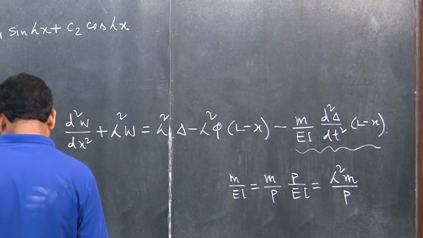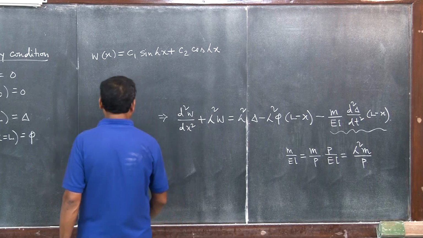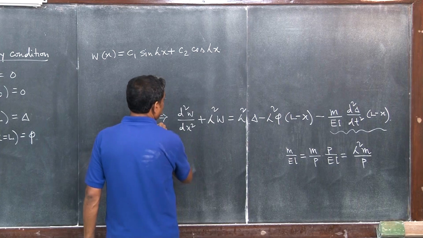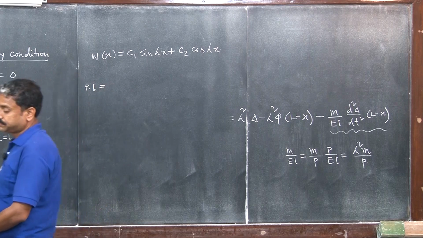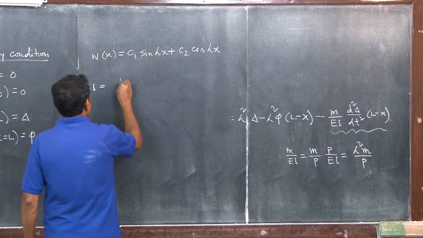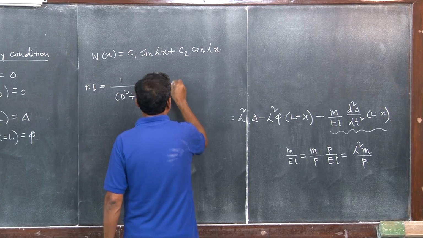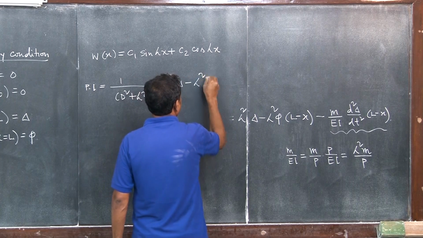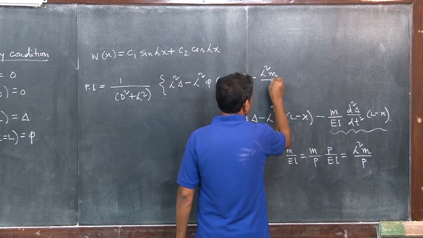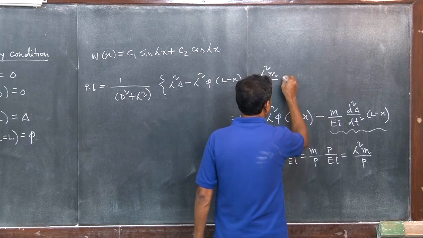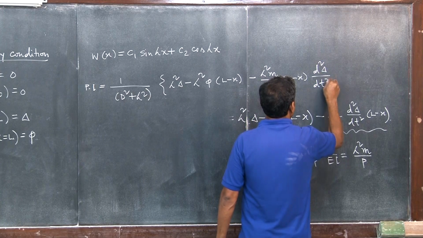For the particular integral, the particular integral will be 1/(D square plus lambda square) operating on lambda square delta minus lambda square P (L minus x) minus lambda square m/P (L minus x) d2delta/dt2.